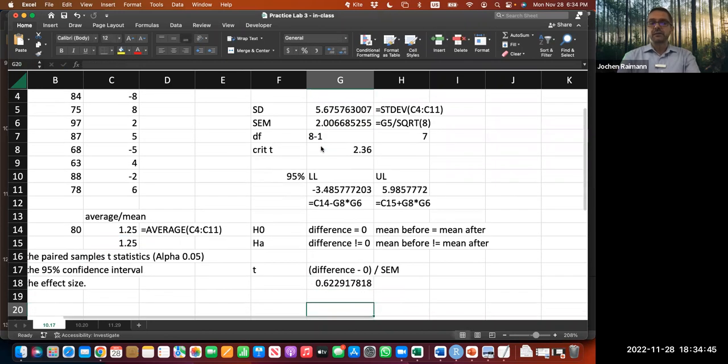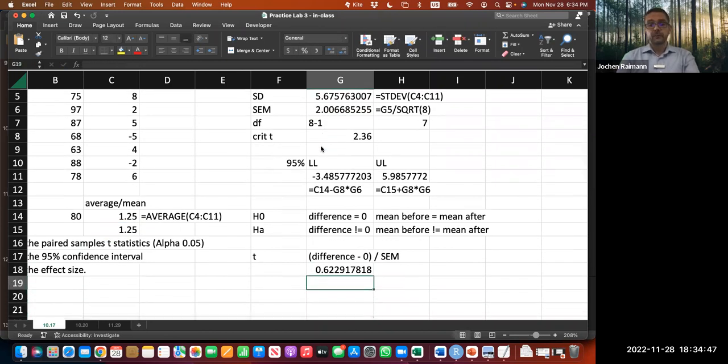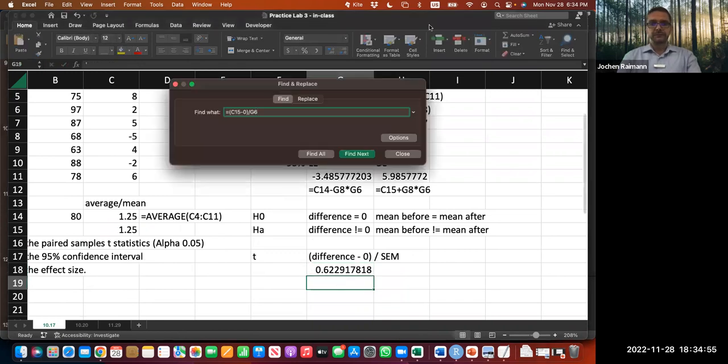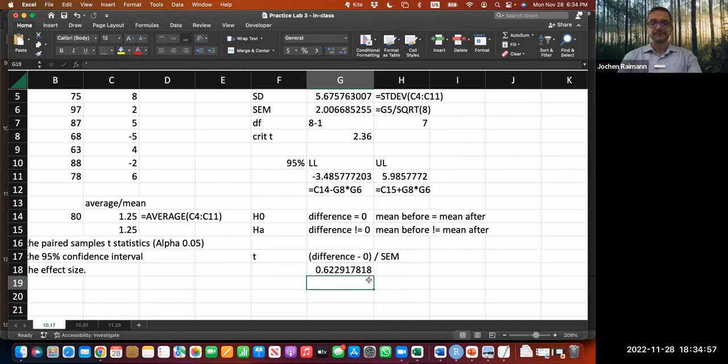Gets us to a T of 0.62. It's simple, right? It's arithmetic. It's super simple to do. So with C15, which is our mean, minus zero divided by G6, which is our SEM. That's the difference, and the T-score. So this is simply done.